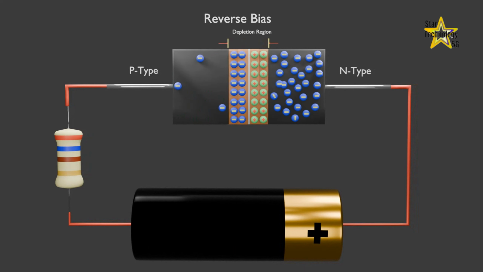Similarly, because the N-type region is connected to the positive terminal, the electrons will also be pulled away from the junction. Therefore the depletion region widens, and does so increasingly with increasing reverse bias voltage. Now there is only very small reverse current flow from the diode.